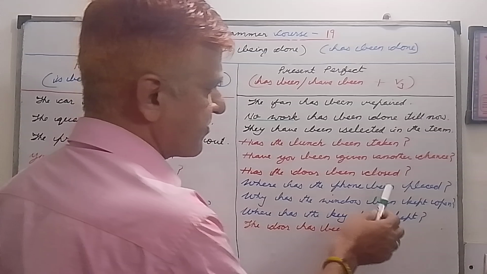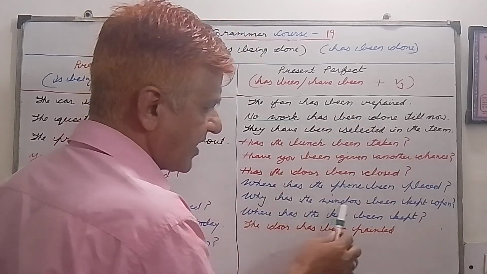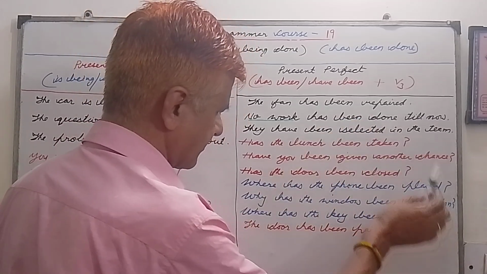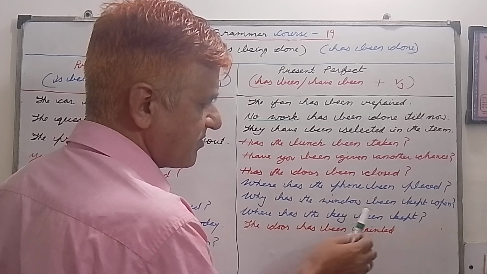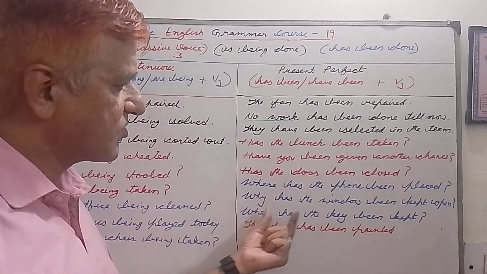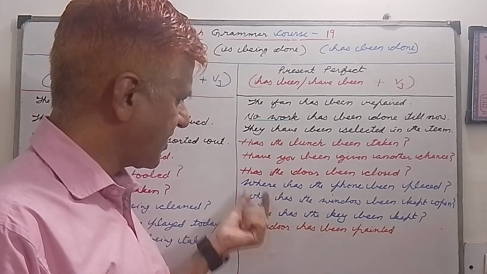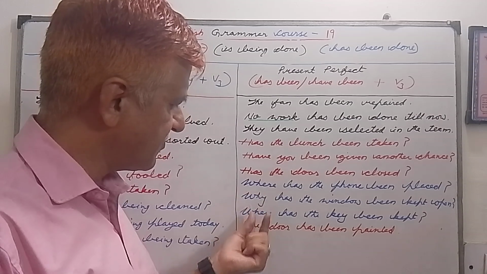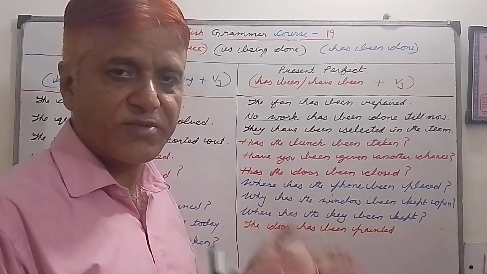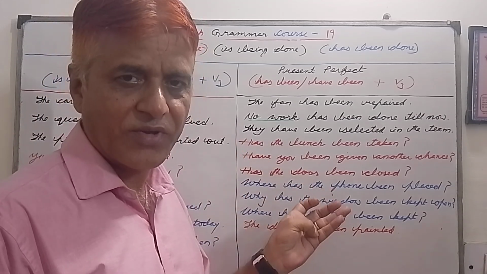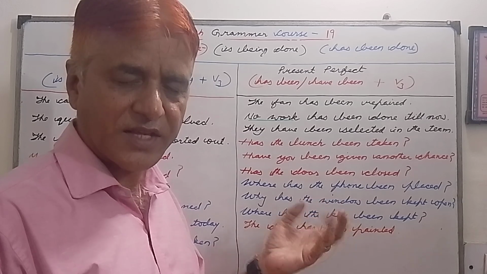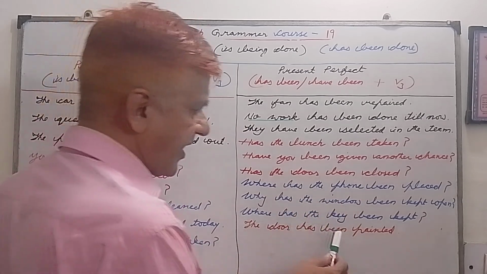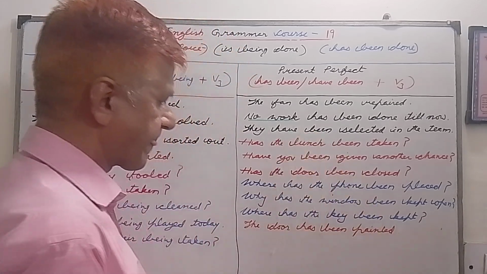Where has the phone been placed? Why has the window been kept open? Where has the key been kept? All these are WH questions, and I have already told you that we start WH questions with WH words, and WH words are where, how, why, when, like this. The door has been painted.